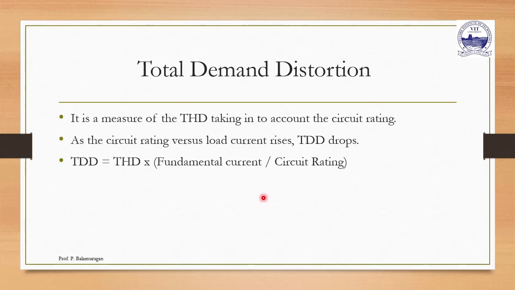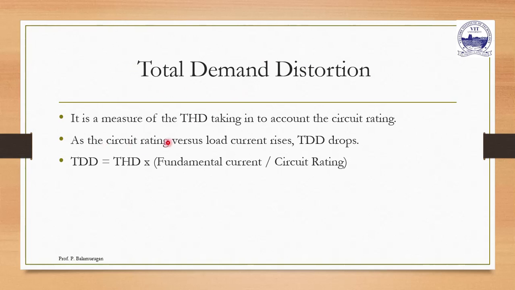Total demand distortion is a measure of THD taking into account the circuit rating. Total demand distortion is similar to THD. The one difference between THD and total demand distortion is that the total demand distortion considers the maximum short circuit capacity available at the point of evaluation.